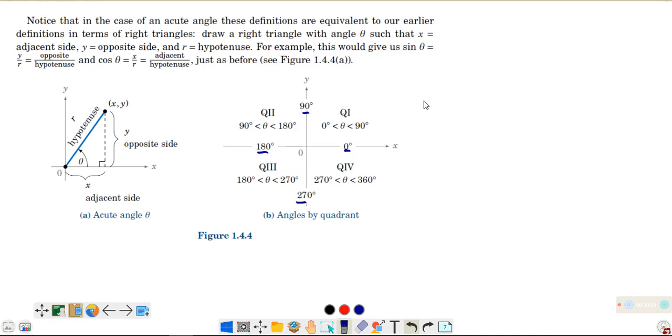Pag sinabi nating multiple, say for example, multiple of 90, anything that can be divided by 90, ay periodic nga pala to. Mamaya natin siya i-discuss.